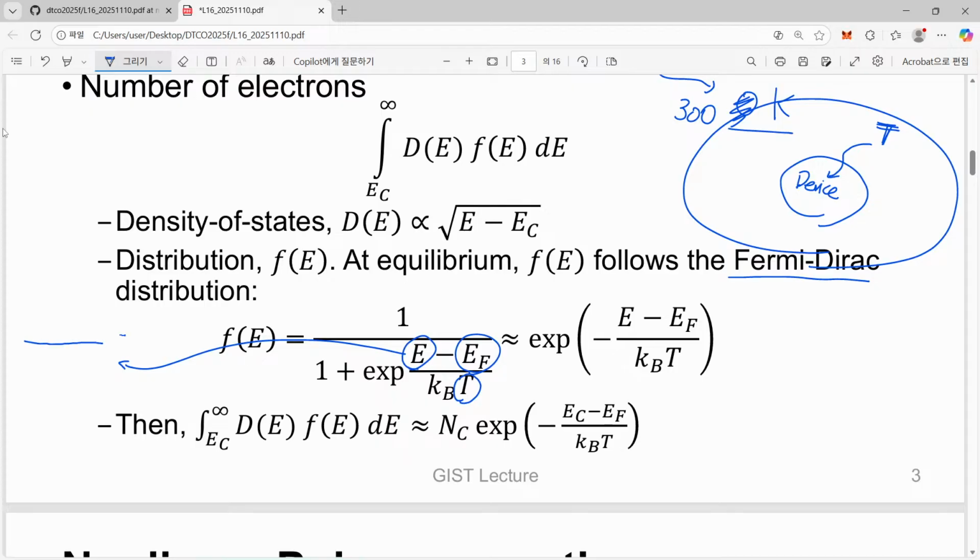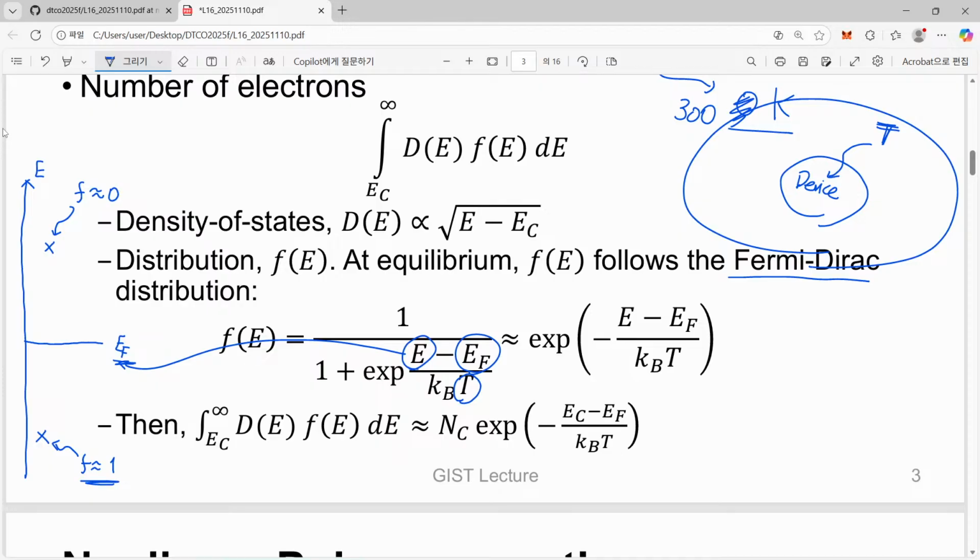Simply speaking, if we have E_F, and a certain state above it, what is the probability to fill this state? There is almost no chance for us to fill this one. And if we have a certain state whose energy level, of course this is the vertical axis, energy, is quite low compared with the Fermi level, then it is more or less fully filled.